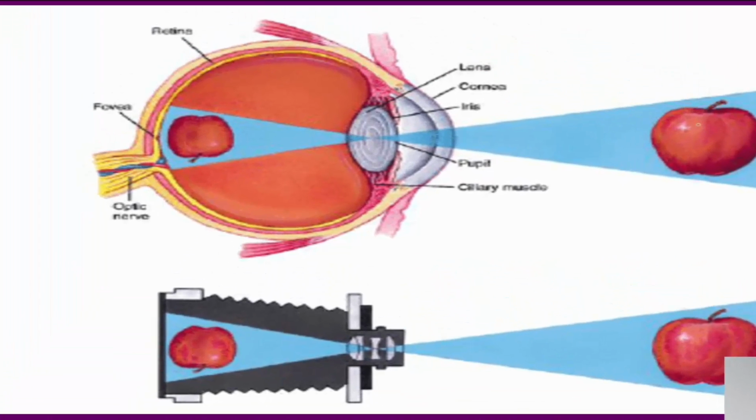When light hits this apple and enters into our eyes, in the lens the light rays get converged, and at the retina the image gets formed, and here you can see the inverted image of an apple. And in the camera too, when we click an image of an apple, the image formed by the camera is also inverted.